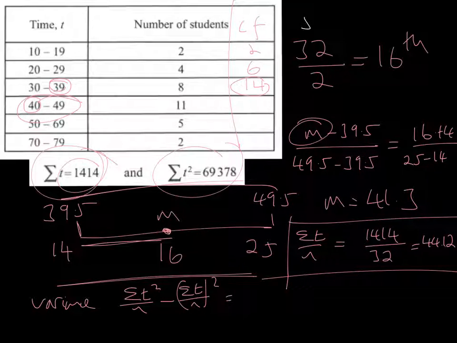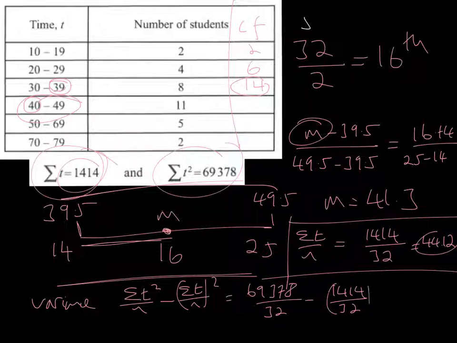In this instance, that's 69,378 over n, which we said was 32, minus, and we can put in either the decimal or the actual fraction for accuracy, 1,414 over 32 squared.